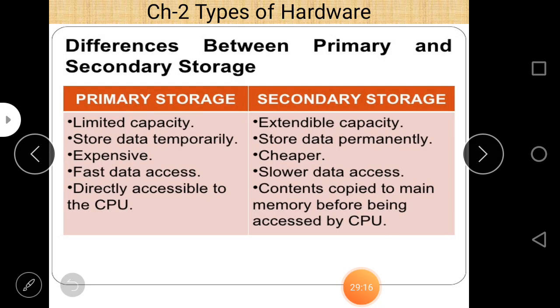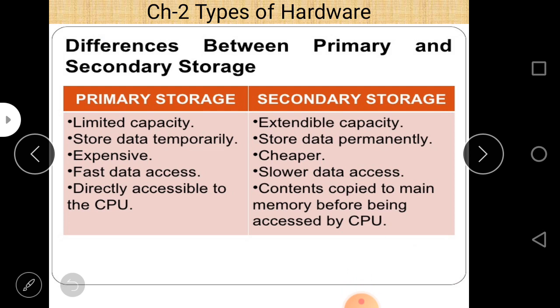So overall, we can say that primary storage has limited capacity, secondary memory has extendable capacity. Primary storage stores data temporarily, secondary storage permanently. Primary storage is expensive, secondary storage is cheaper than primary memory. Primary storage has fast data access, secondary storage has slow data access.